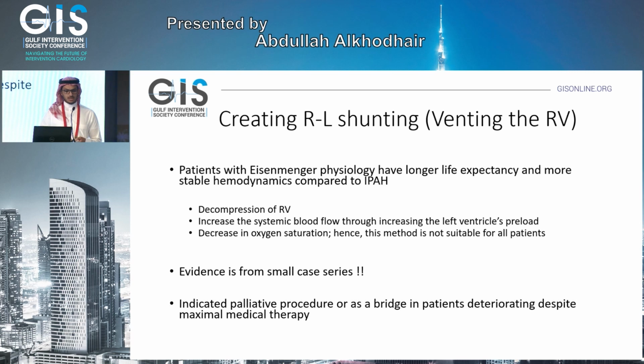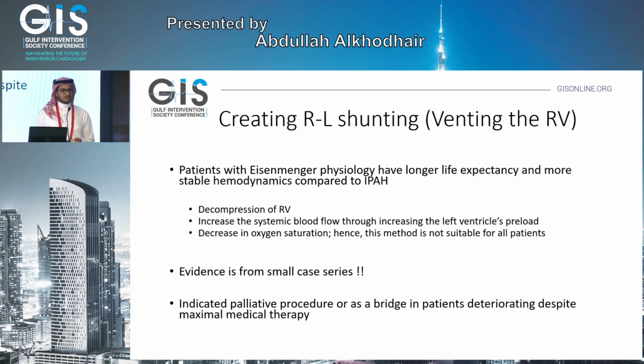This will then increase the systemic blood flow through increasing the LV preload. You will have some decrease in oxygen saturation, but probably the net benefit of increasing cardiac output outweighs the risk of this small decrease in oxygen saturation.